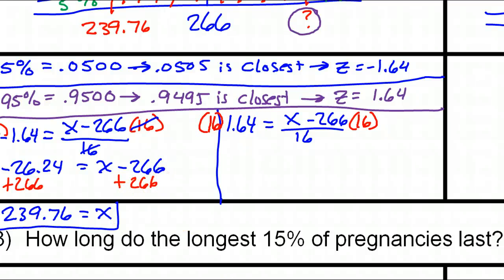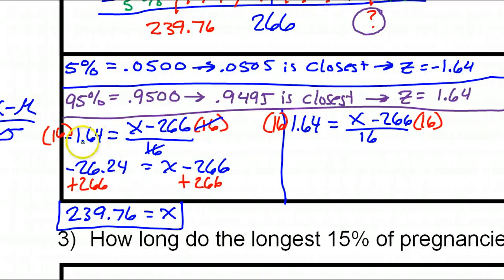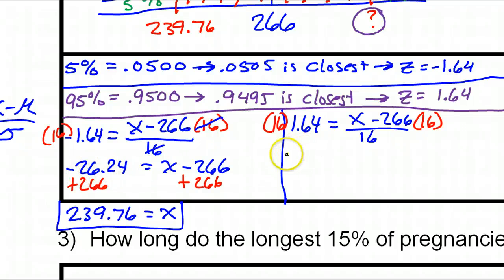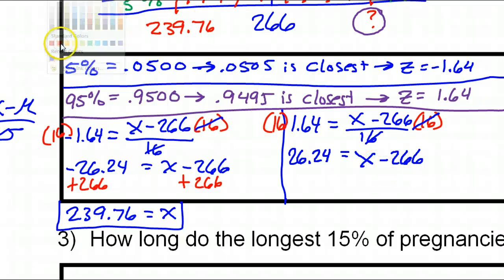Okay, looking at what happened before, it was negative 26.24, so you can bet that this will be positive 26.24. That is equal to x minus 266, because these cancel out. And then I add 266 to both sides.